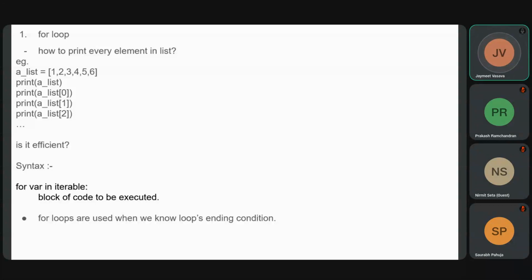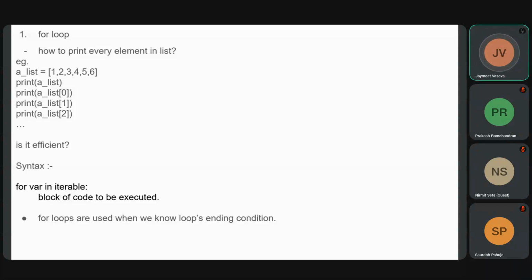First, we'll be using the for loop for printing every element. And first, we'll be simply using print statements in order to print the elements in the list. So there's a list, which contains the numbers 1 to 6.